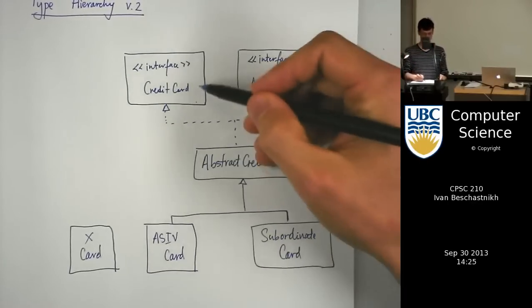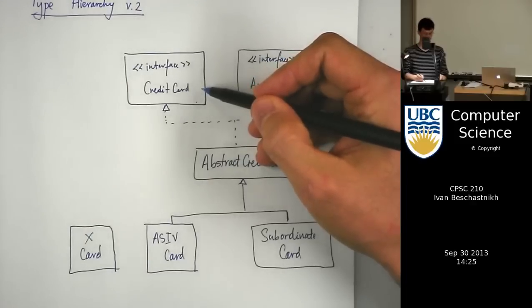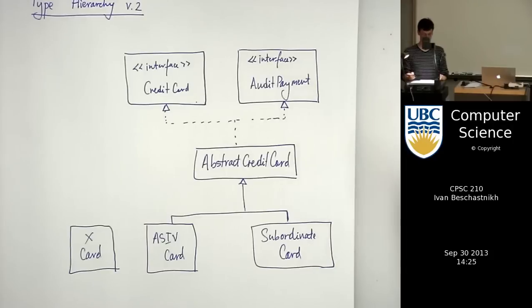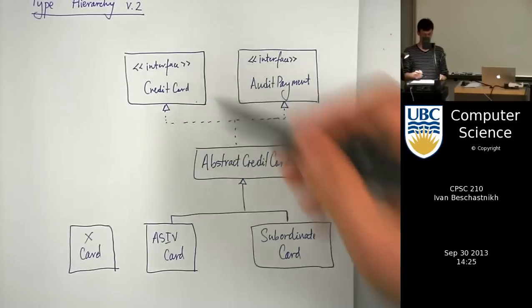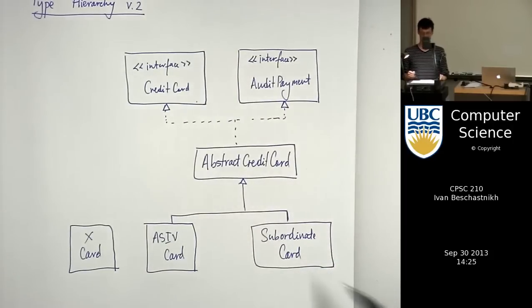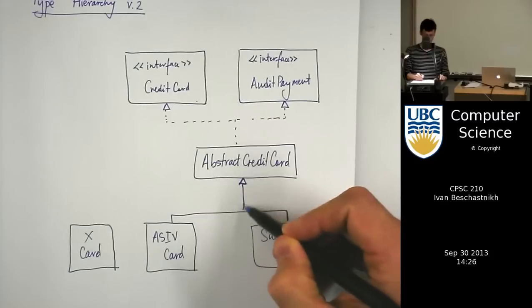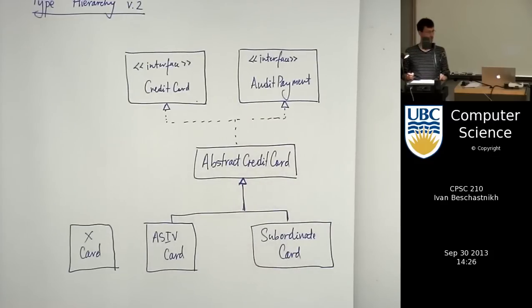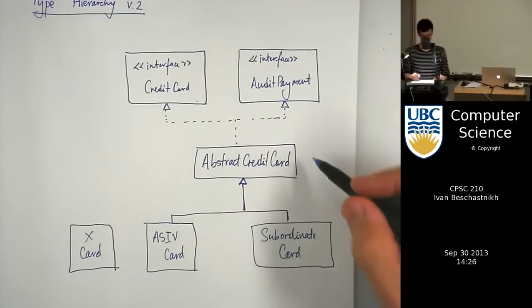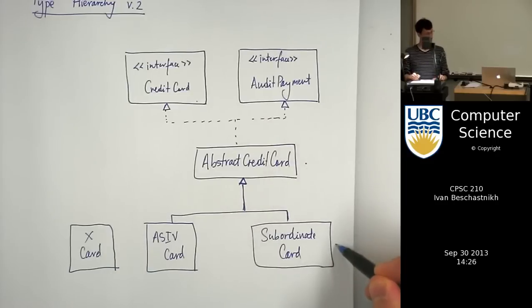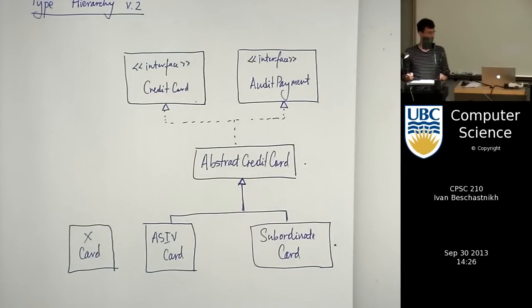So the credit card interface, credit card type, is the supertype for abstract credit card, but it's also the supertype for the ACID card and the subordinate card. And the subclass-superclass relationship is purely in this extends keyword. So this is the superclass, this is the subclass. Great.